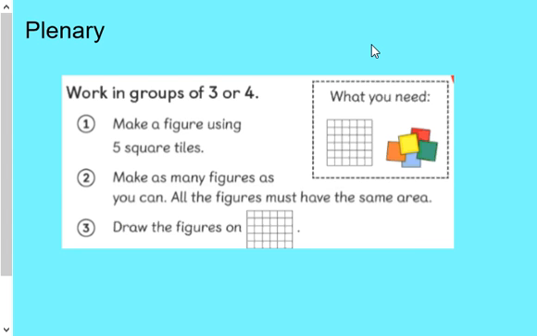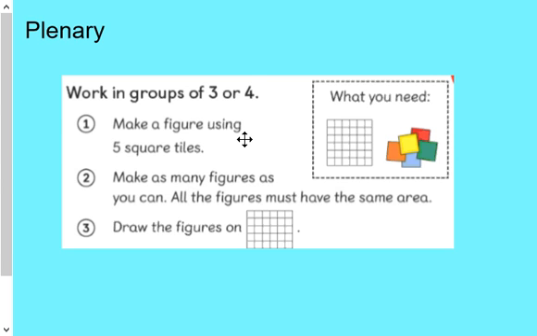Finally, for the plenary task this morning. Now, it says here working groups of 3 or 4. Obviously, you're not going to be able to do that, but you might be able to do either on your own, or if you want to work with an adult or an older brother or sister, you're more than welcome to. What I want you to do using squared paper is I want you to make a shape or a figure using 5 square tiles.